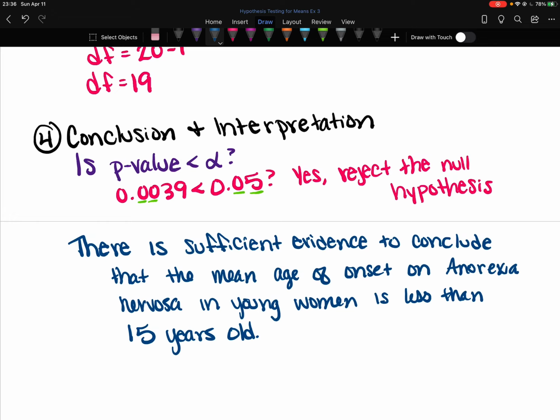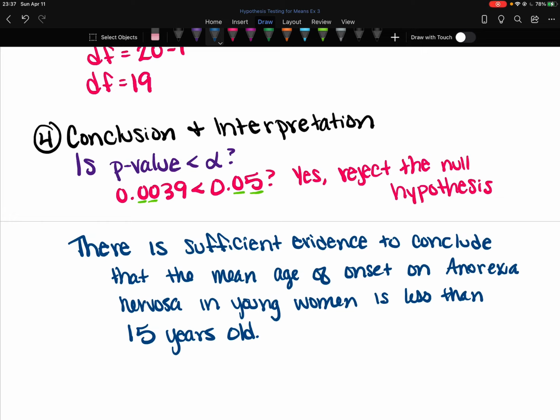So if I'm part of an outreach program and our program only goes and talks to high schoolers, this hypothesis test could be brought to the leaders of the organization to say, we need to start going to middle schools.